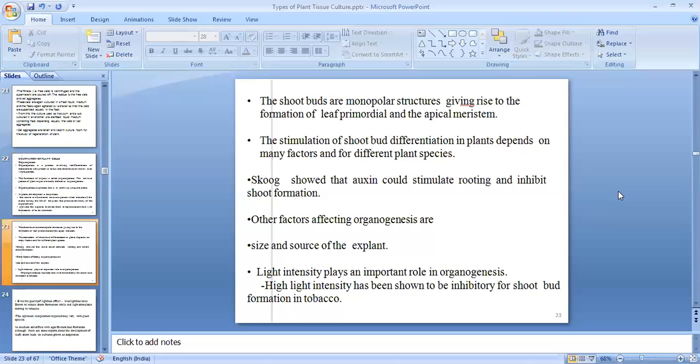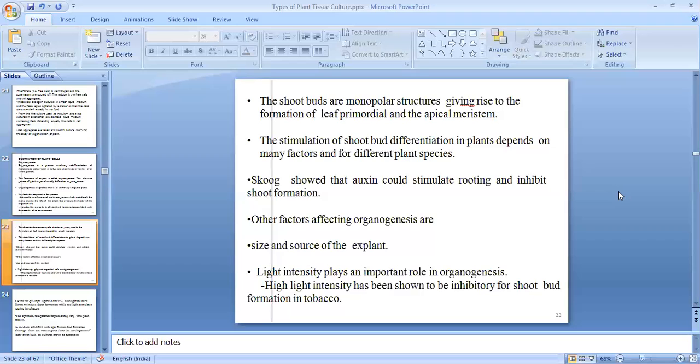This was demonstrated by a scientist called Skoog, and he showed that auxins, the plant growth hormone, will stimulate root formation in the shoots, and in the other way, will inhibit shoot formation.